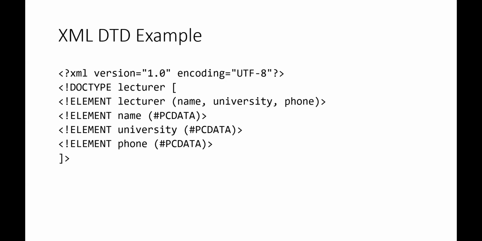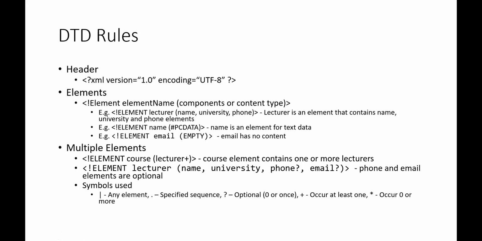So going back again to what we have discussed, in our case we had lecturer information. The details you can notice here: the first one is the same as earlier, that we define the header information about the XML version, and the elements we define using the element keyword, and then you can have the element name and any components.